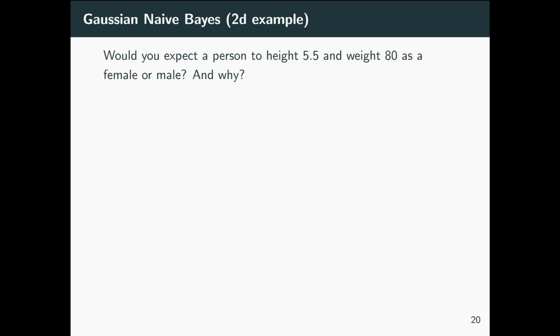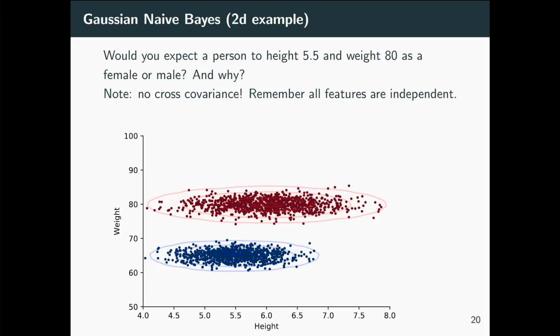In our case, we generated that data set ourselves, and what I've done here is I've taken that data of heights and weights. The blue set of points are for the females and the red set of points are for the males, and then I've drawn some contours.